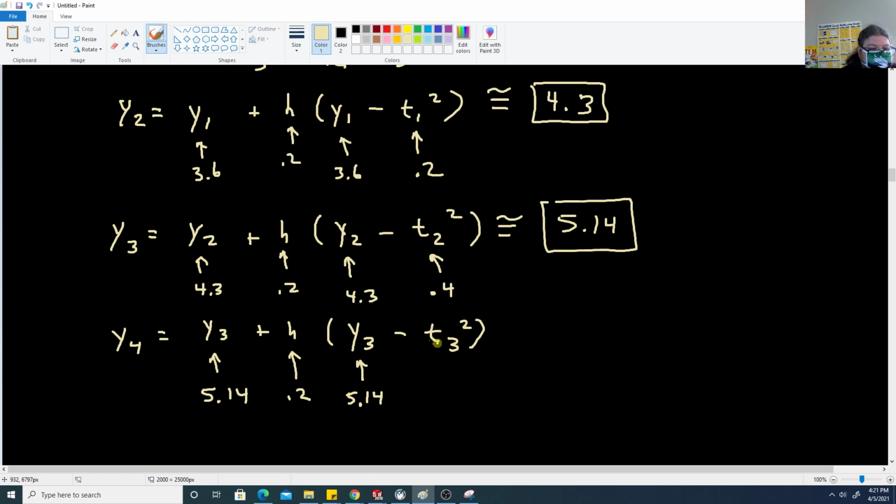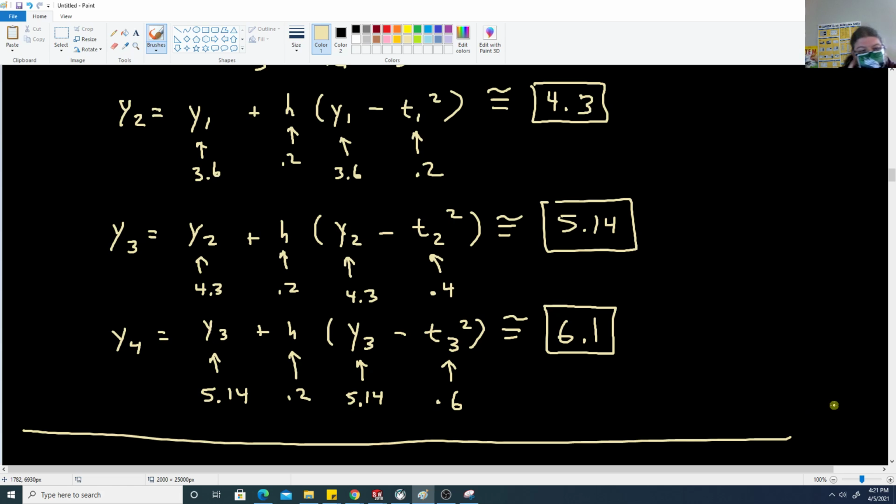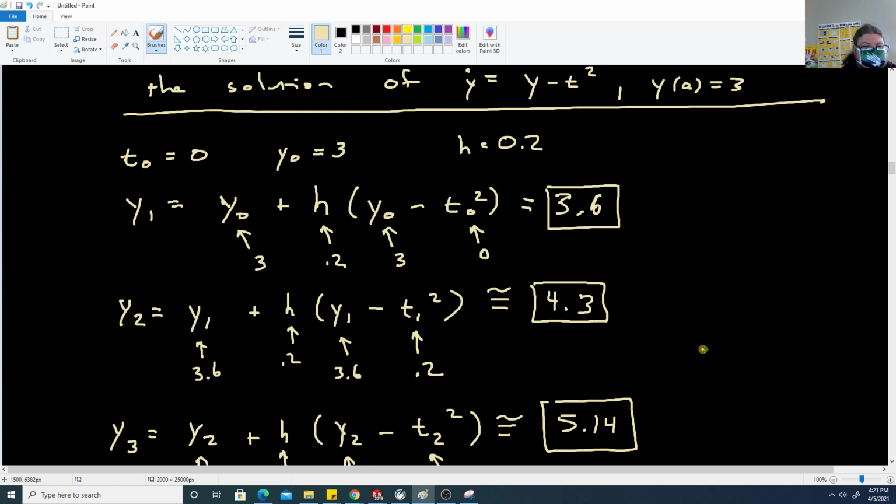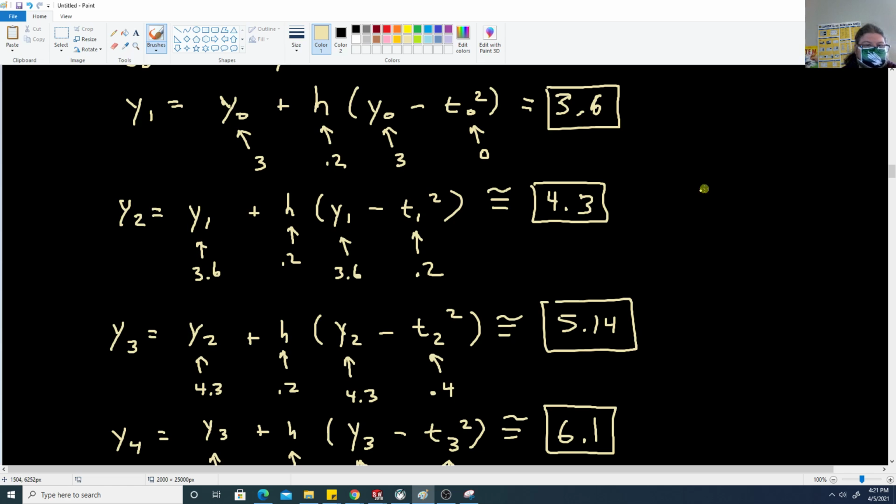And at t3, we've taken three time steps. Each time step is 0.2, so 3 time steps would be 0.6. And if we plug that into our calculator, we'll get 6.1. And that's basically how we could use Euler's method to calculate and approximate our function.